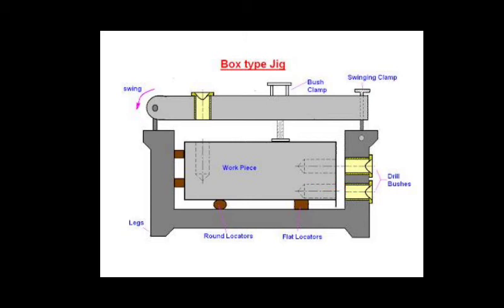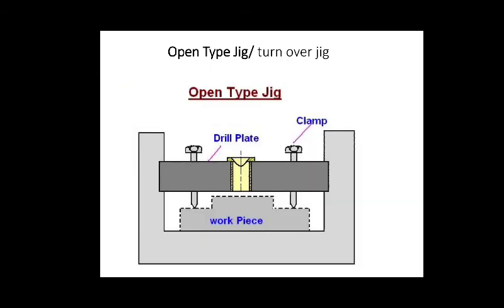Now the next type of jig is the open type jig. This is also called a turnover jig because the workpiece is located from the face that is to be drilled, and clamped in the jig. Then the jig is turned over for drilling.